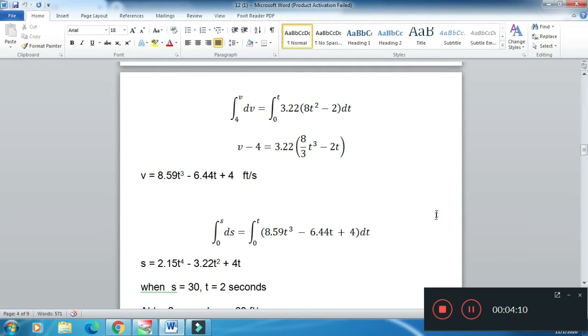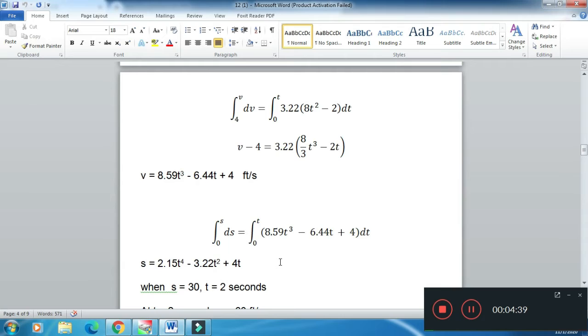Instead of v, we put this equation which is in terms of time, 8.59 t cube minus 6.44 t plus 4. After integration, we will get s in terms of t.